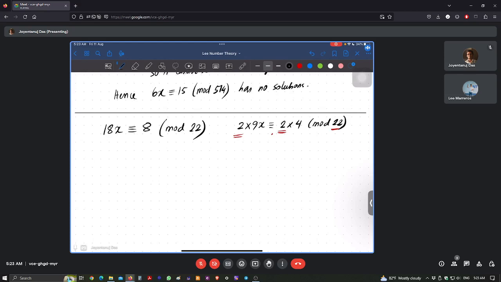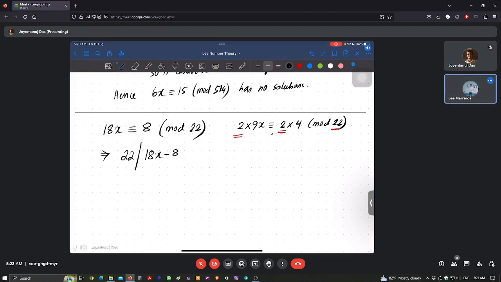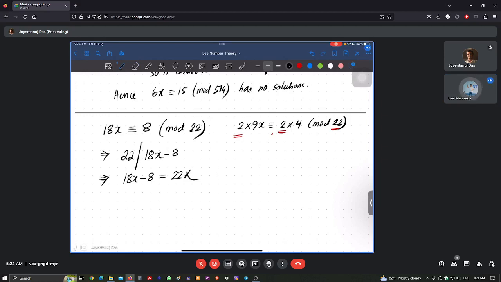So what I know is that 22 divides 18x minus 8. So this implies that 18x minus 8 is equal to 22k for some k. Now you can simplify there.